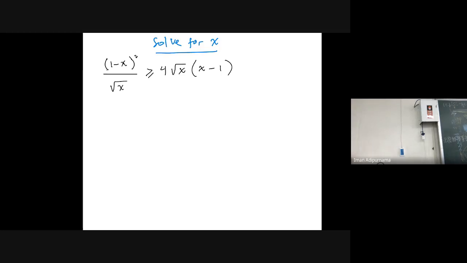Solve the inequality. Actually, the inequality in rational functions should be like the last section of the polynomials, but I give it to you in the early chapters because I think it's really important.